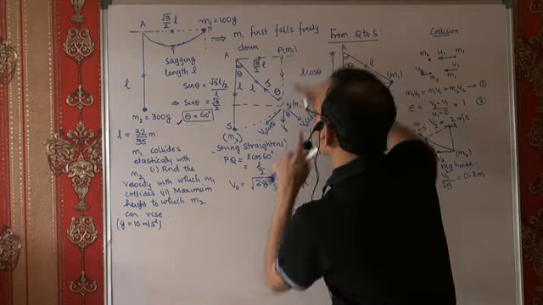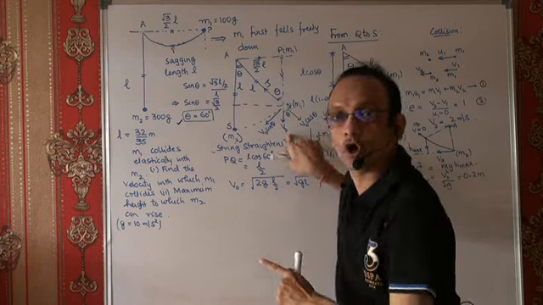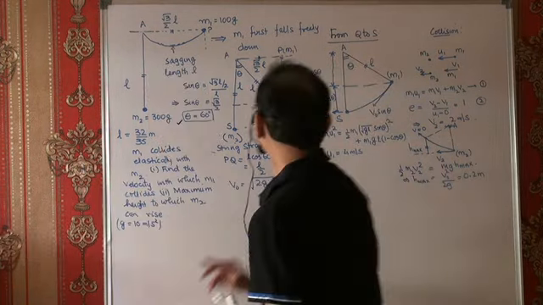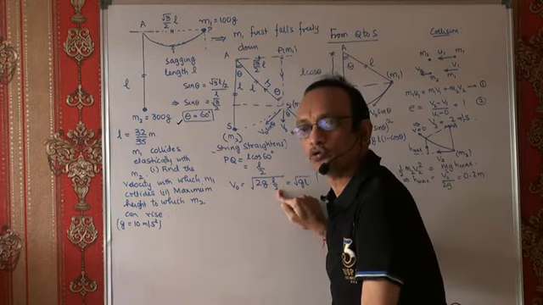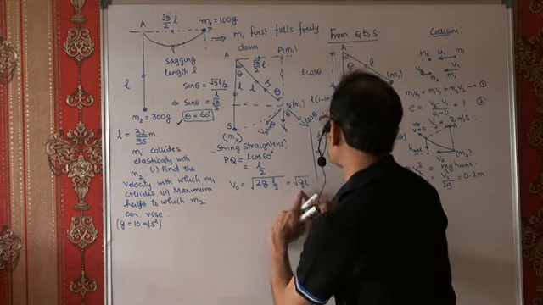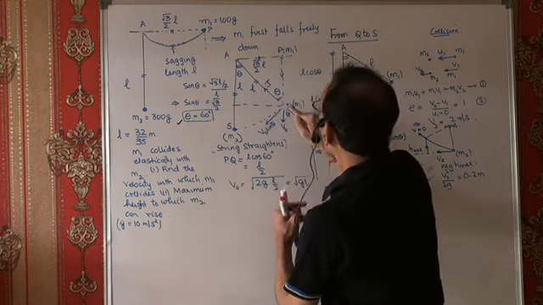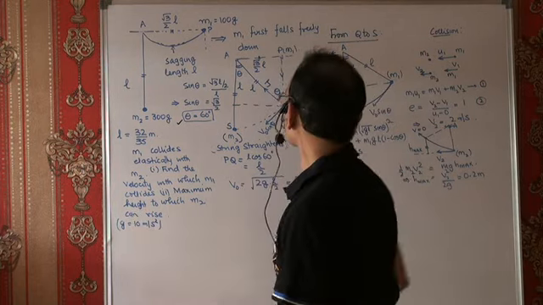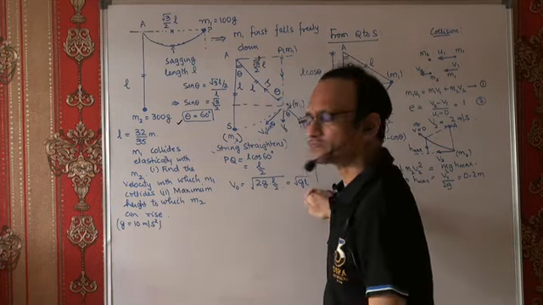And if PQ is L cos theta, then the velocity acquired, V0, in falling through this length is root 2g into the height through which it falls, L by 2. Yes or no? So, which is like root gL. So, it acquires a velocity root gL at the instant when the string becomes taut again. So, this is V0, which is root gL.